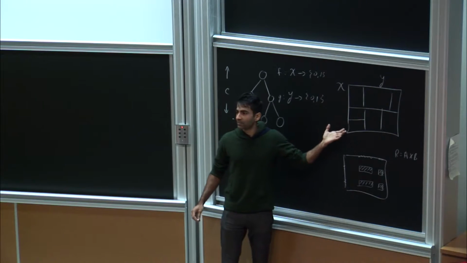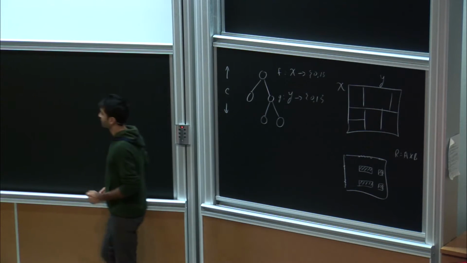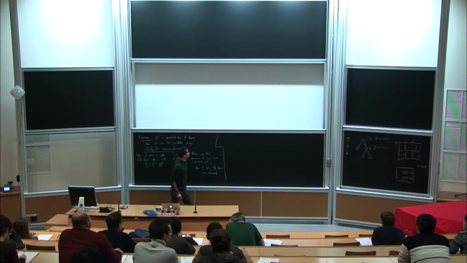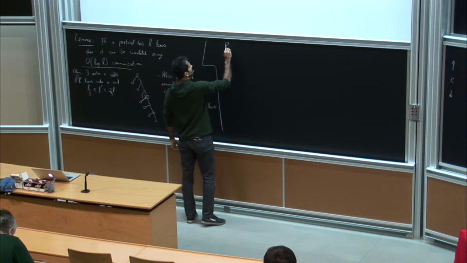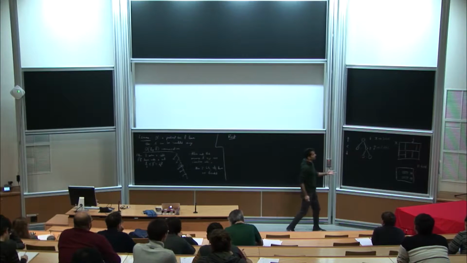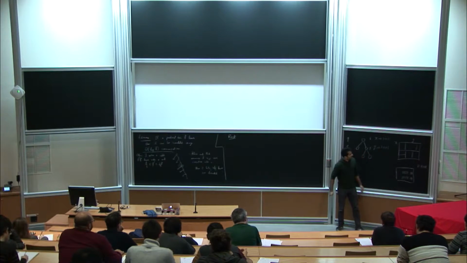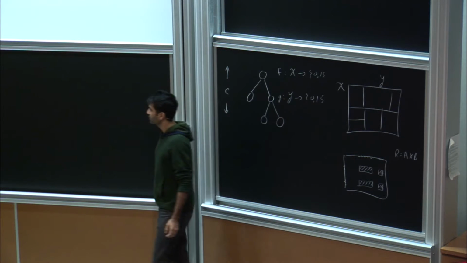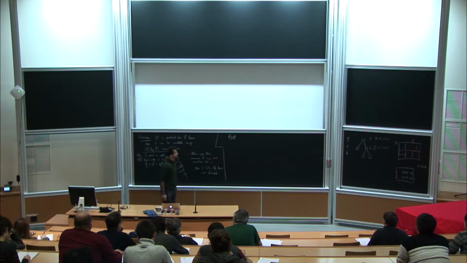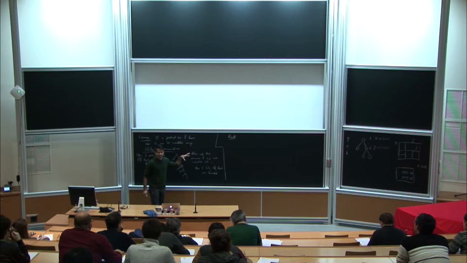It's the rank of this matrix. Okay? And that turns out to be a very natural quantity and makes a lot of sense here. So say we have a Boolean matrix and we want to compute it using a communication protocol. Then we could look at its rank, and let me just remind you what the rank is. So throughout I'll be thinking about the rank as a quantity over the reals.